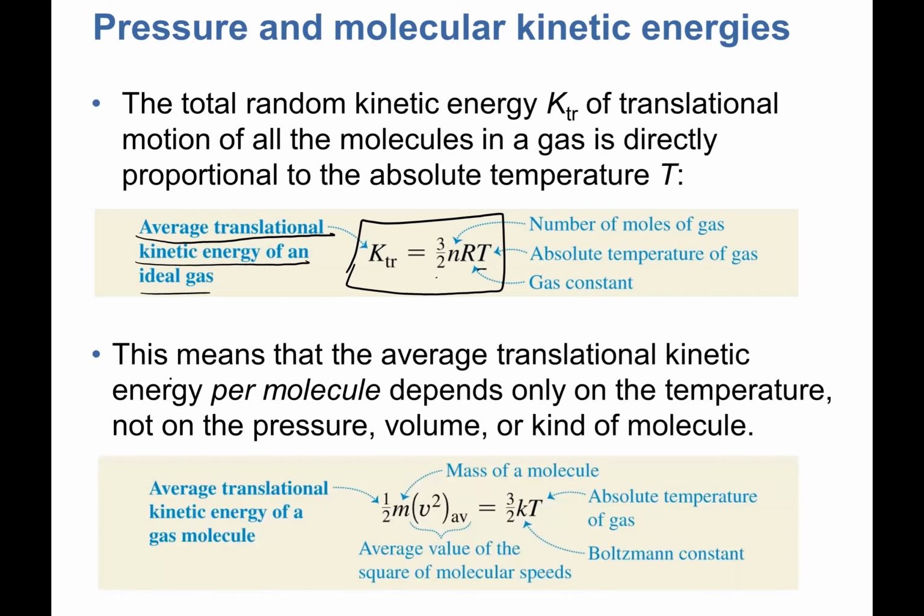Anyway, on the left side of this equation you have kinetic energy, that means 1/2 m times the average velocity squared. On the right side, you can write it in terms of the Boltzmann constant. So you remember the Boltzmann constant: it's 3/2 k times T. On the left side is the average translational kinetic energy of a gas molecule, and on the right side you have 3/2 times the constant times the temperature.